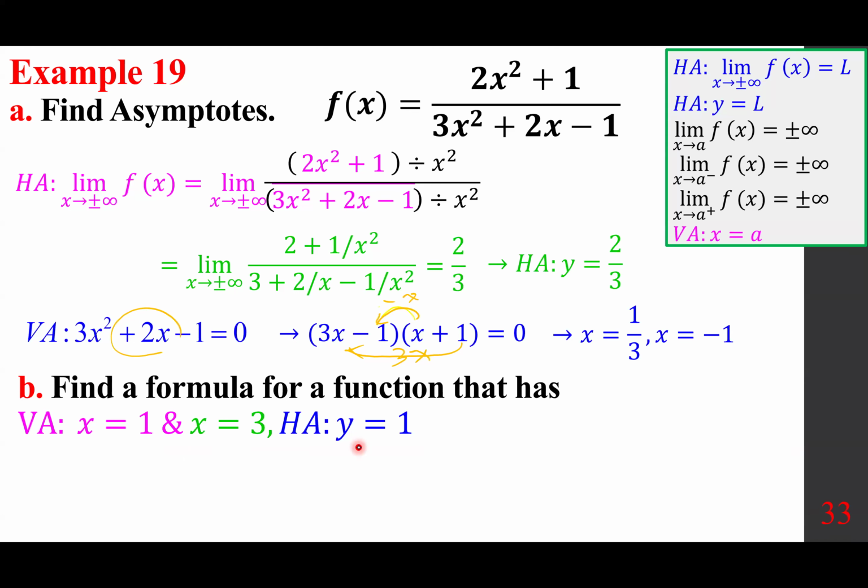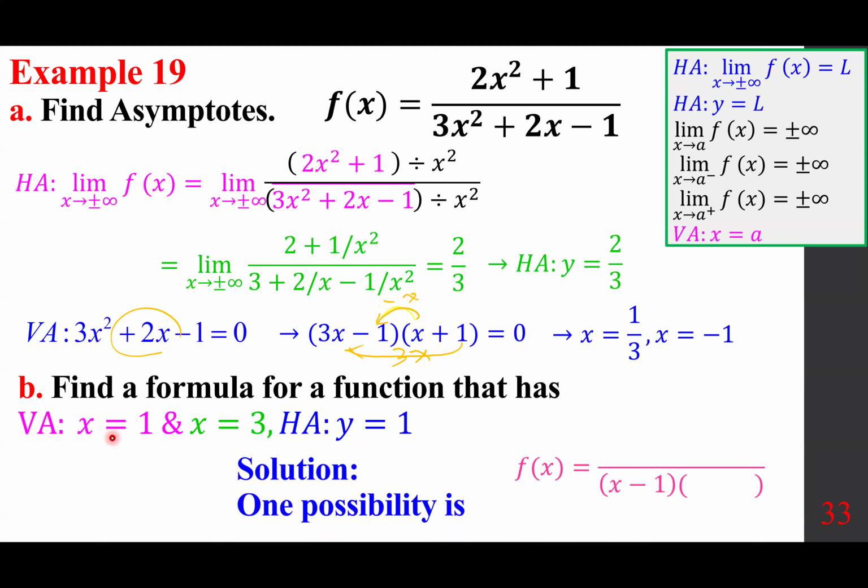Well, this is one possibility that we are going to discuss. We have f of x equals a fraction, a bar, and this is in the denominator. X equals 1 means x minus 1 is in the denominator. That's the meaning of this one. X equals 3, that means x minus 3 is in the denominator.